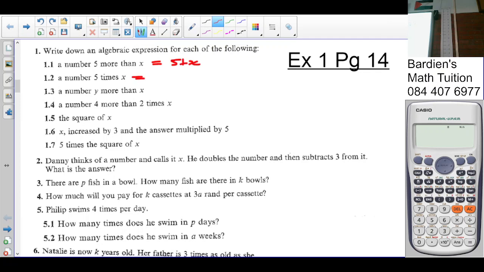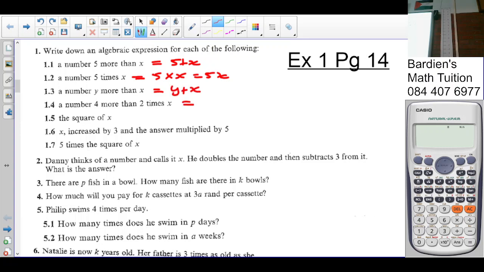The next one, 5 times x, which is 5x. The next one, a number y more than x. Y plus x. You all agree with that? Okay, so y plus x.